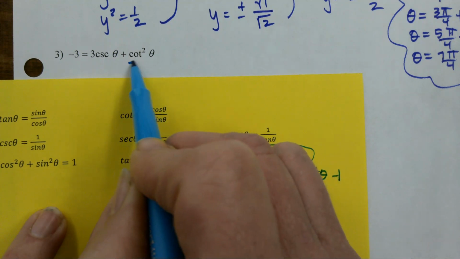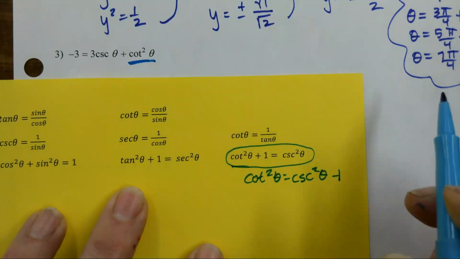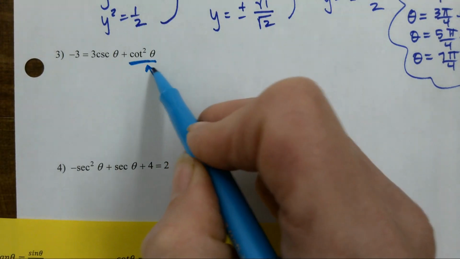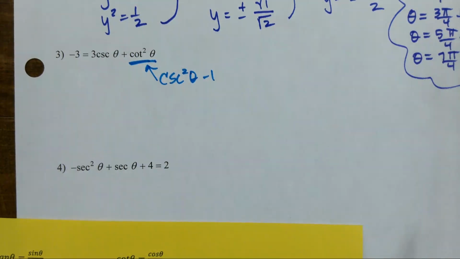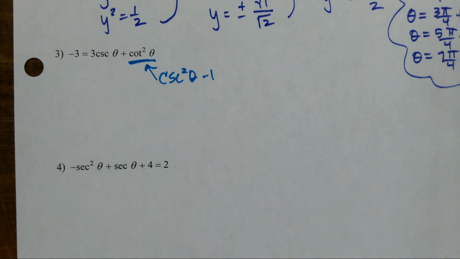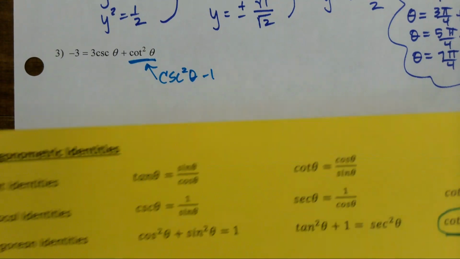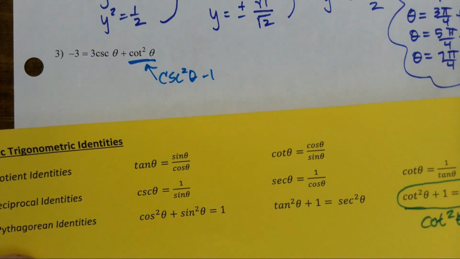I can replace this with cosecant squared theta minus 1. So if you replace with x and y and get nowhere, take out your yellow sheet and see if there's something that you can trade over with.